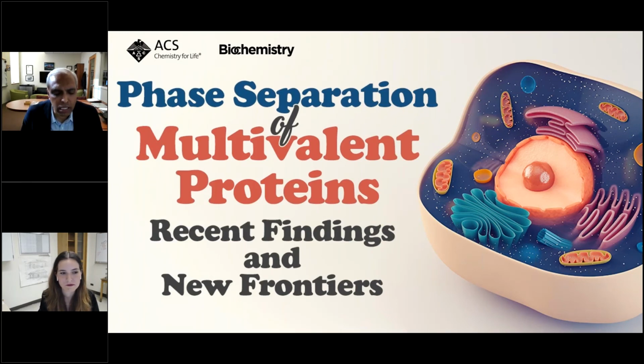And instead of speaking in vague terms, I can give you a very concrete example, and that would be the protein G3BP, which we've worked on together with Simon Alberti and Titus Franzmann, where it turns out that there is a dimerization domain. There are RNA binding domains which are folded.